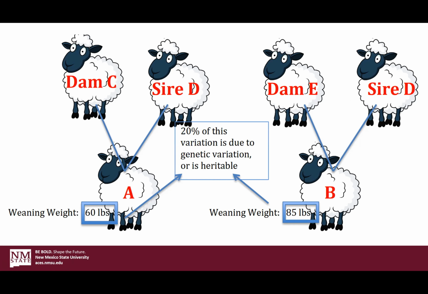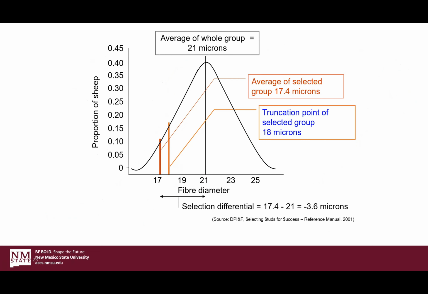On the wool side, again, a good way to make progress, for example, say your whole group averages 21 microns in their wool quality test, okay? Microns are the diameter of that fiber. So that's fairly average, but the lower the number, the finer the wool.